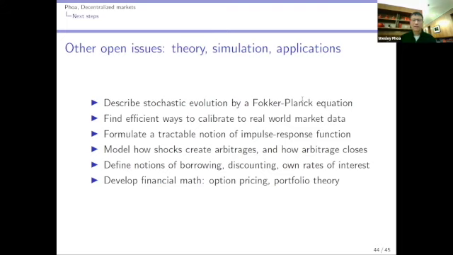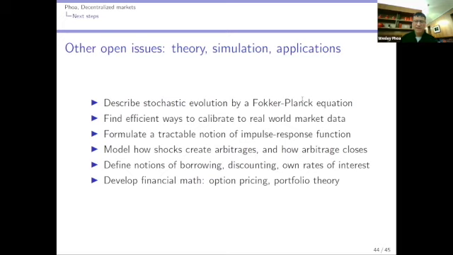And in particular, what you would like to see is that a shock should create arbitrage, and arbitrage should close over time. I mean, that happens in practice. We see that in both the financial crisis and the COVID shock in March 2020. Even in normally quite liquid markets like stocks and bonds, you saw arbitrages open up for short periods of time and then close again. So it'd be nice to be able to model that using this framework.